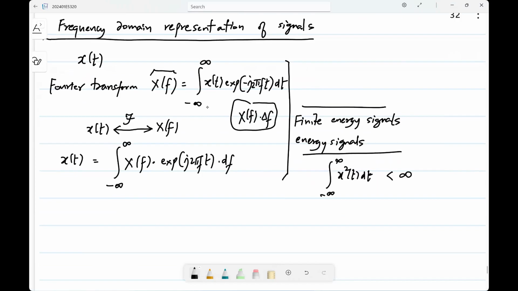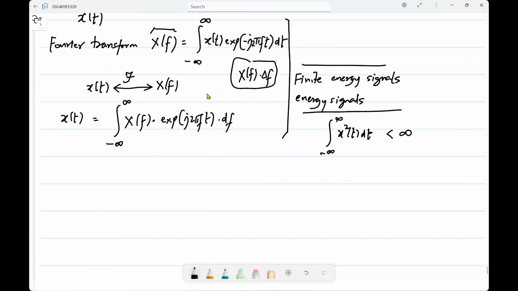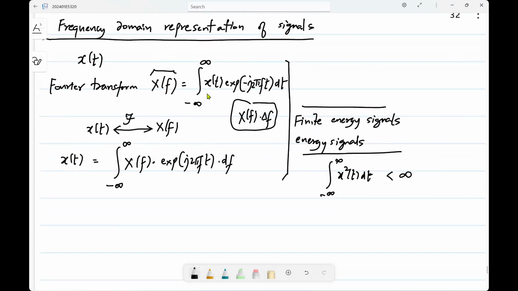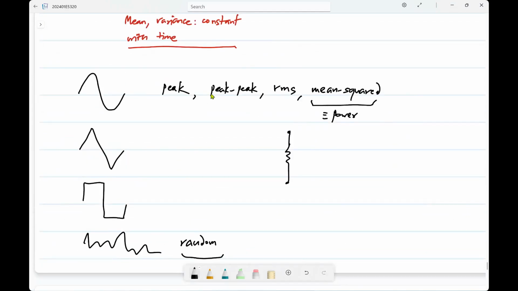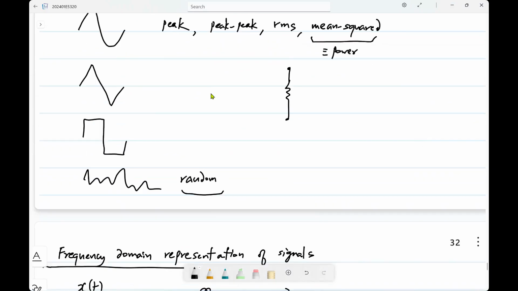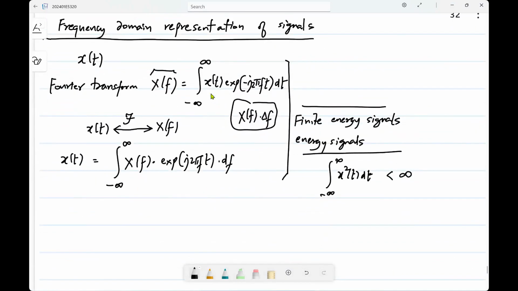Now let me go to signals that don't follow this, but before that, let's see some other related measures. Earlier, we said that we have to now deal with random signals, right? And in case of random signals, the exact waveform is not known. Anyway, you can't tell, right? So you have to measure it in terms of its power or energy and so on.